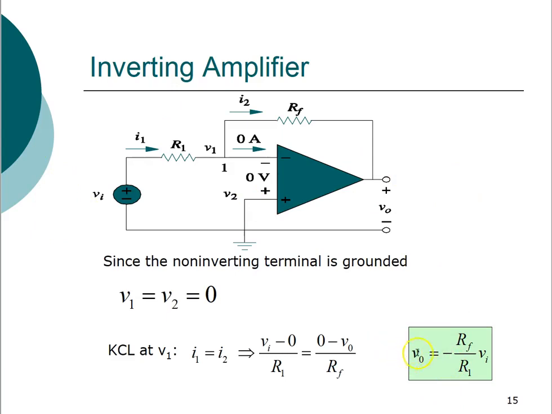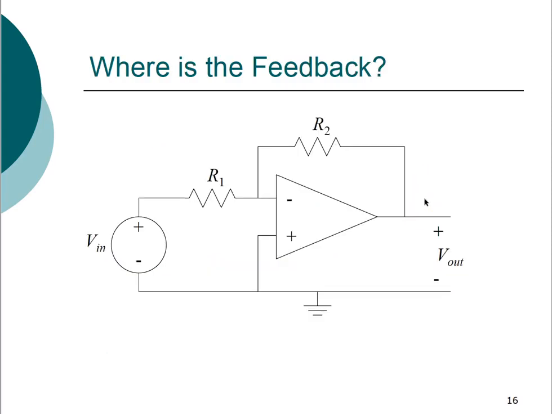This is a very important equation, and you have to remember it for an inverting op-amp. So where is the feedback? The feedback is here, and this is your negative feedback. You see that some portion of the output voltage is brought back to the negative input as feedback. So that's your inverting op-amp.